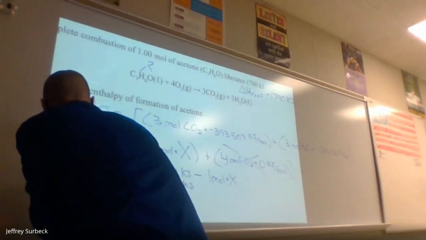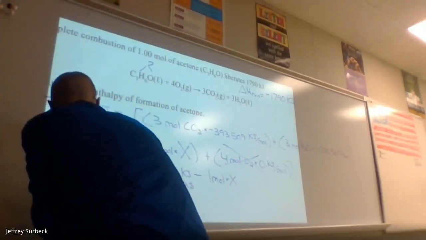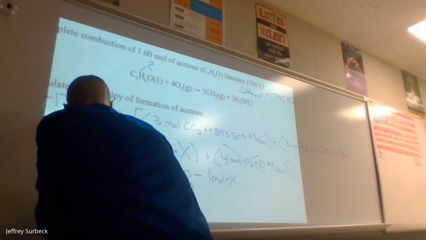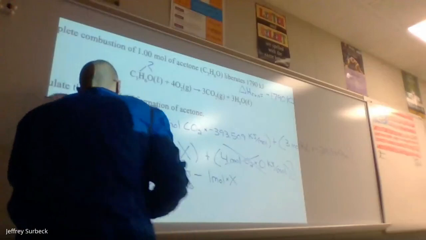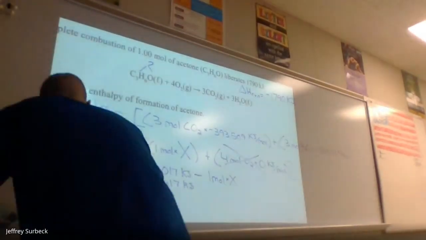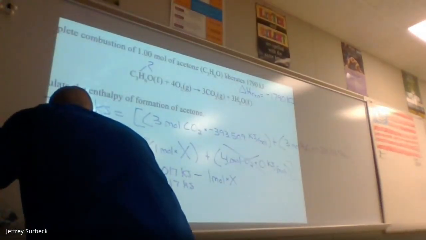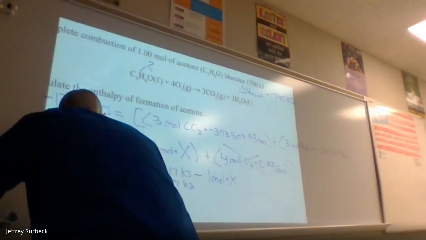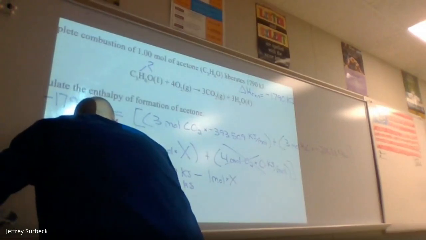And so when I have negative 1790 plus 2,038.017 kilojoules, we get what value? 248.017. Perfect. 248.017. This would be kilojoules.